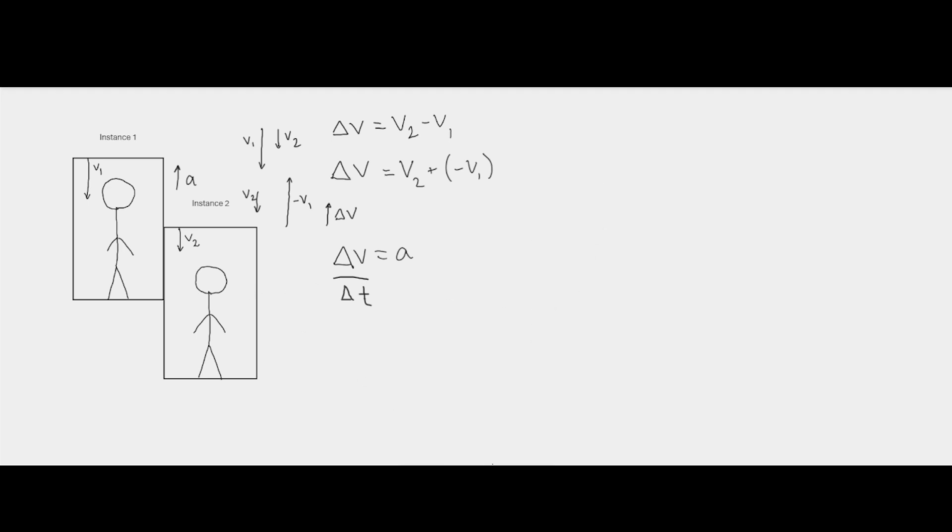Let's go back now to the case of the person in the elevator that's moving downward, and then the elevator has to slow down as it's reaching the floor. We would actually have to make two separate free body diagrams. Not for these two different instances, but I'm saying at one instance in time, you would take any moment here, and you'd say, okay, now we're going to only look at this one instance in time, and we're going to create a free body diagram for the person and for the elevator.